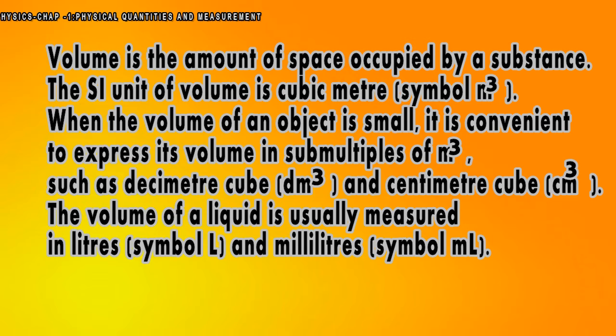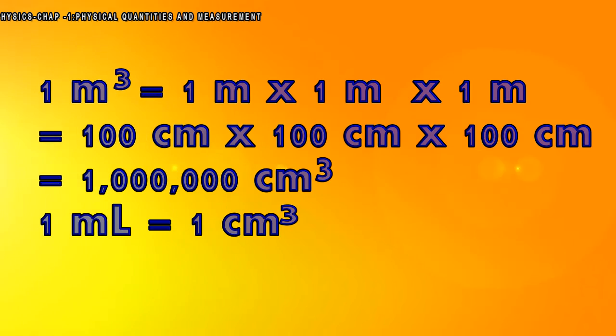The volume of a liquid is usually measured in liters or milliliters. The relationship between these units can be given as below. 1 meter cube equals 1 meter into 1 meter into 1 meter.